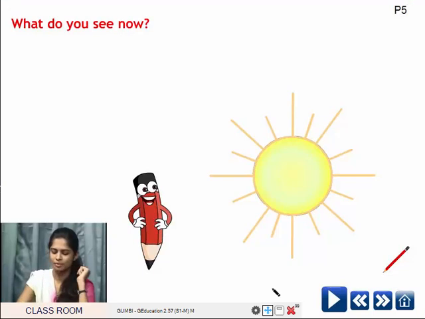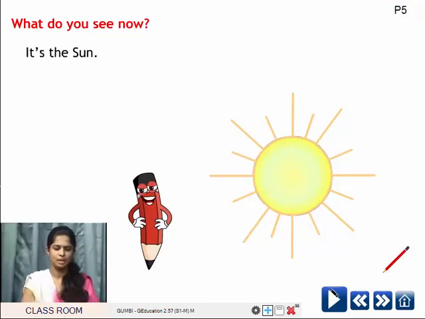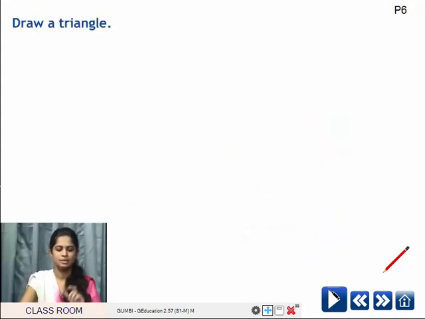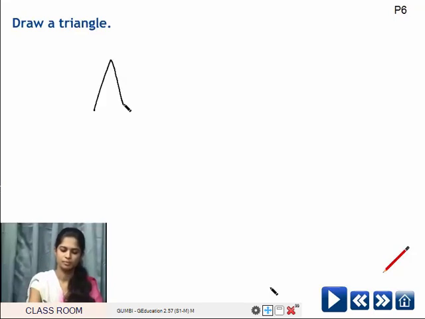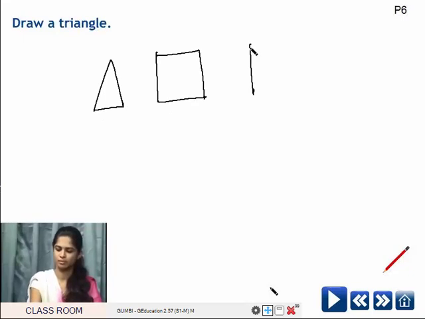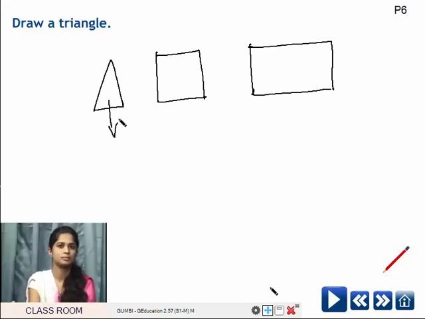Very good. Now we'll draw one more picture by making use of some shapes. Okay. So now students, I'll give you the shapes here. You should identify what are they. Identify these shapes, students. What is this?